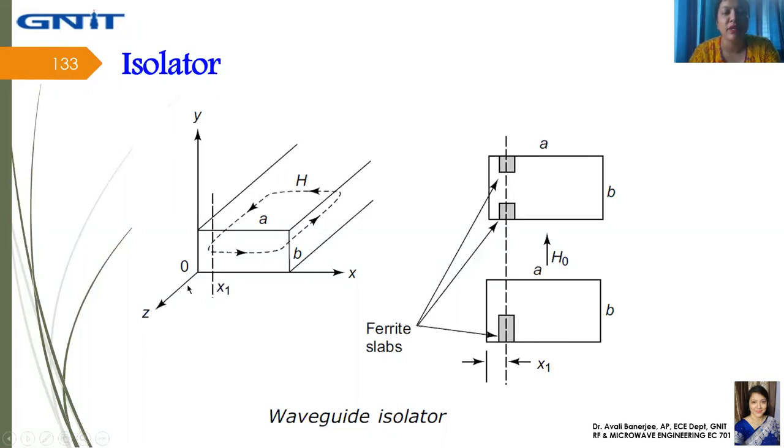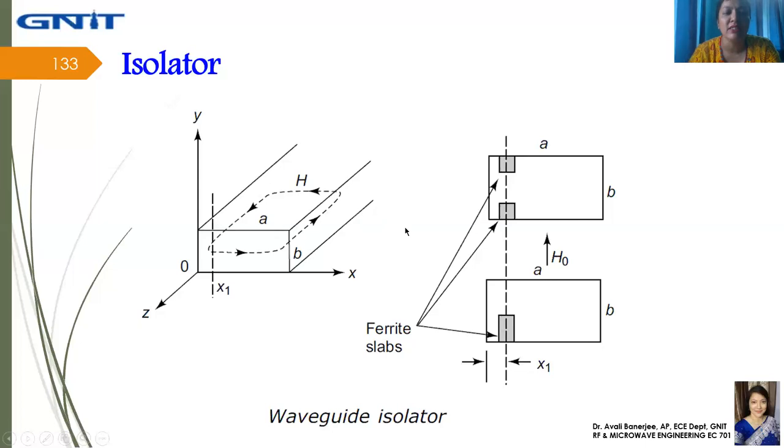The direction of the rotation of H in the planes at x1, where a is the dimension of the rectangular waveguide, at a/4 and 3a/4, are opposite to each other. The non-reciprocal characteristic is achieved by placing a ferrite slab at any one of these two planes.